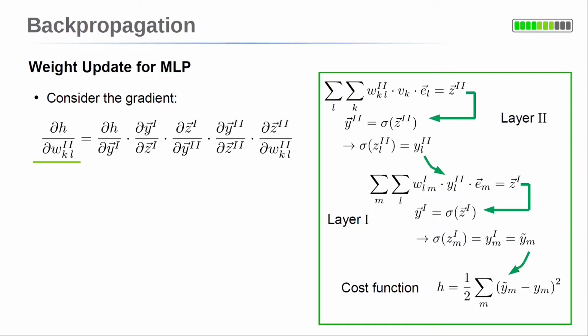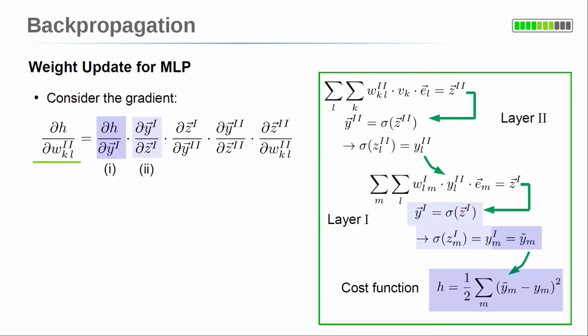We want to calculate the derivative of the cost function H with respect to a weight w_kl of the hidden layer number 2. Therefore, we apply the chain rule according to the dependencies explained before. These dependencies are displayed again on the right side. The cost function depends on the neural network's output.